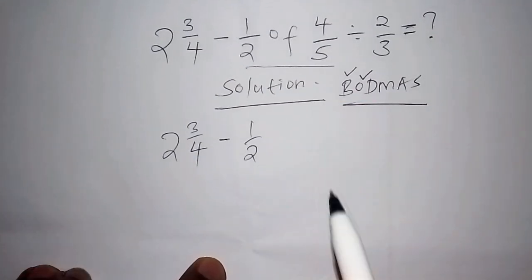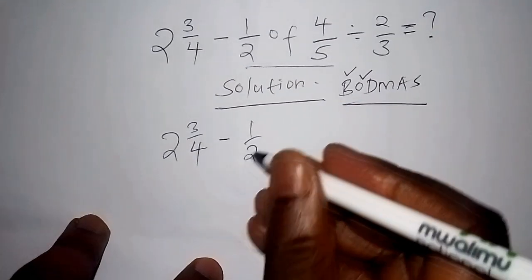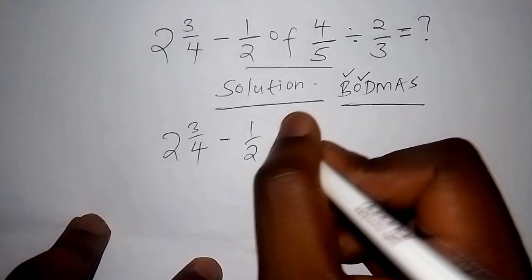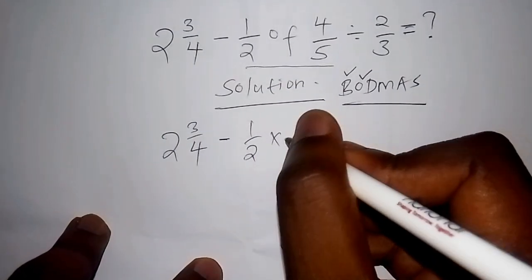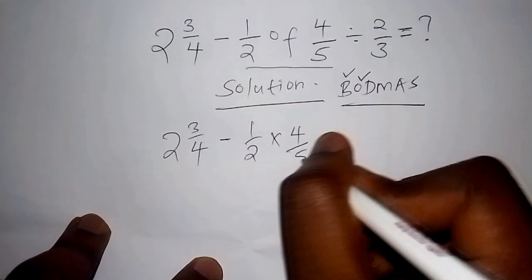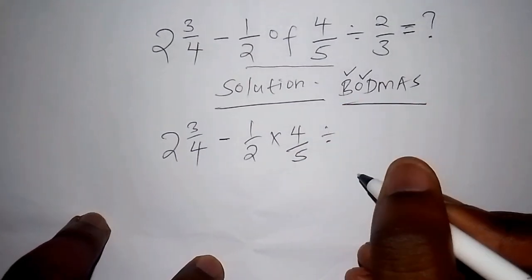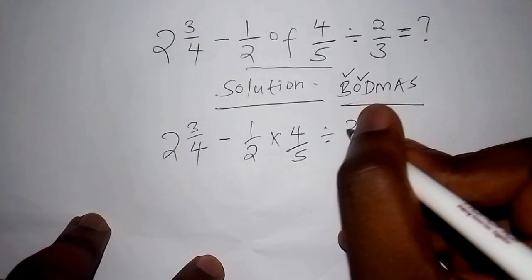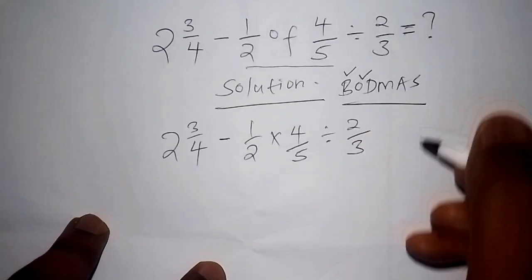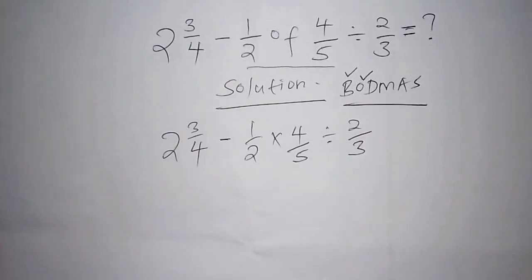Of here means multiplication. So instead of writing of, we are going to multiply this number by 4 over 5, then divide by 2 over 3. So that is what we shall have gotten.